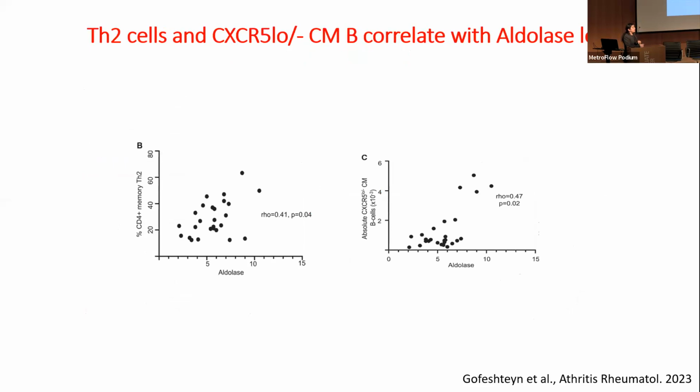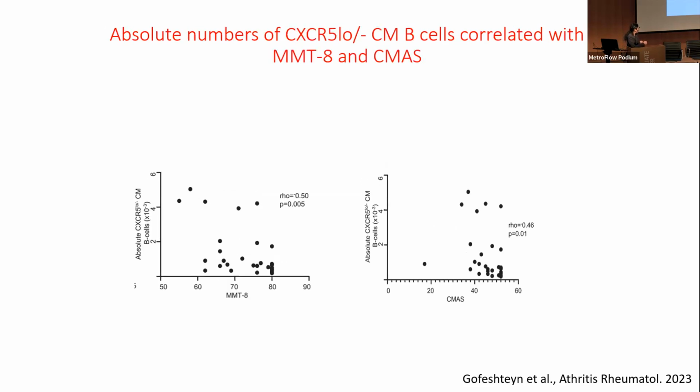It was very interesting and striking that both the Th2 cells and the CXCR5 low cells that I just showed were associated with aldolase. Aldolase is a muscle activity enzyme that is detected in the patients, and both the Th2 and the CXCR5 low conventional memory cells correlated with it.